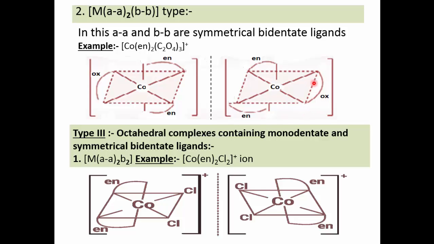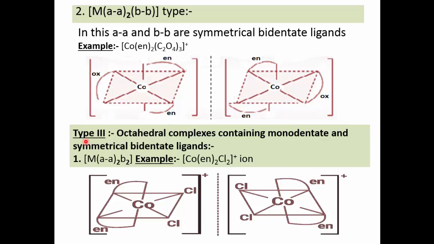Okay, now this is the position of the oxygen atoms. Similarly, the nitrogen atoms in this ethylene diamine molecule at the third and sixth positions are now transferred to the fourth and sixth positions. So in this way, these two isomers, when placed one over the other, are not superimposable, they are different, and in this way it shows optical activity.